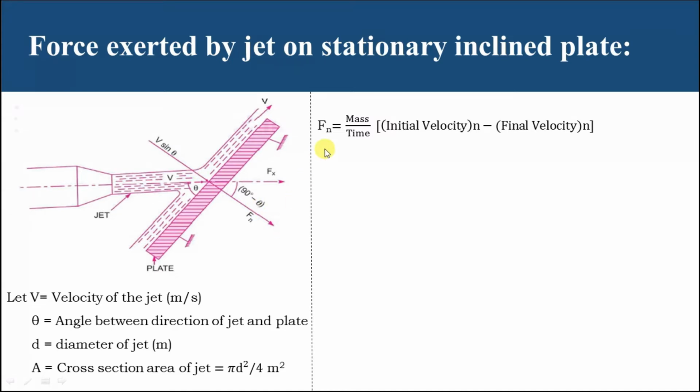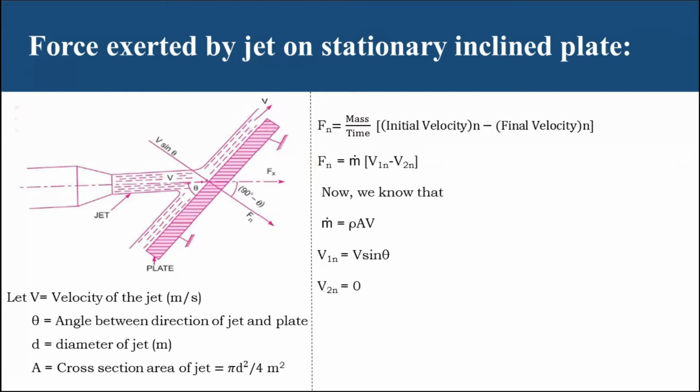So in this direction, by applying the impulse momentum principle, we will have Fn equals to mass flow rate into initial velocity in normal direction minus final velocity in normal direction. So Fn equals m dot into v1n minus v2n.